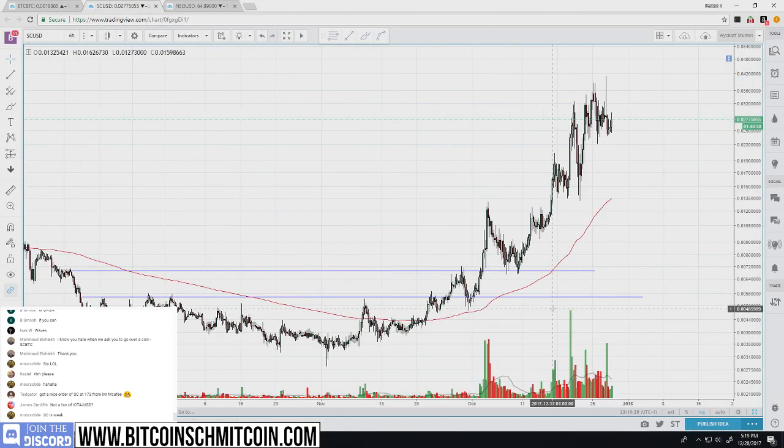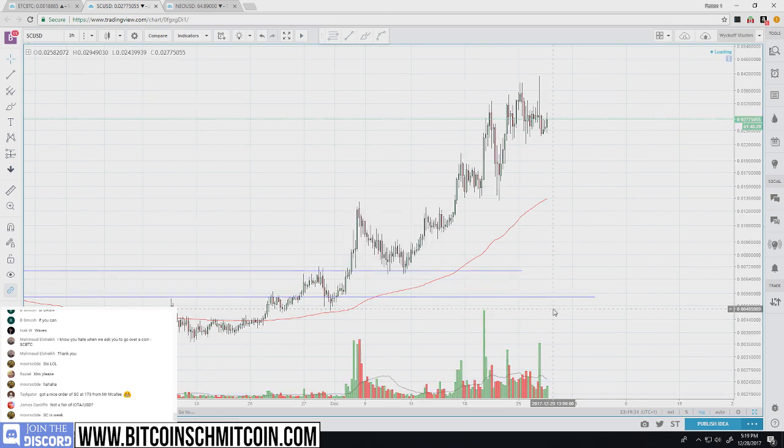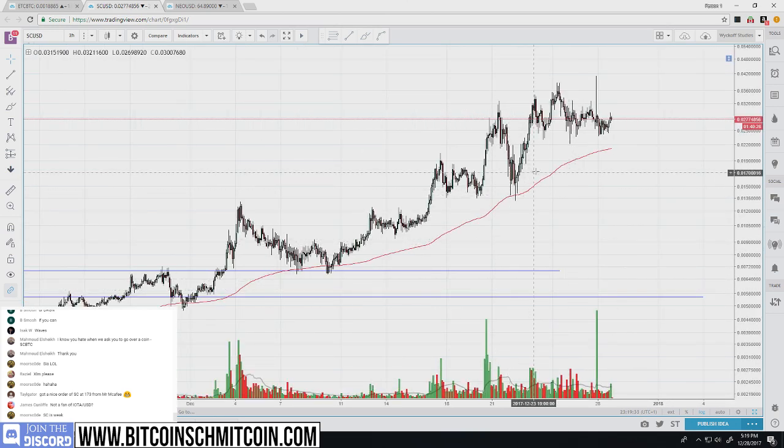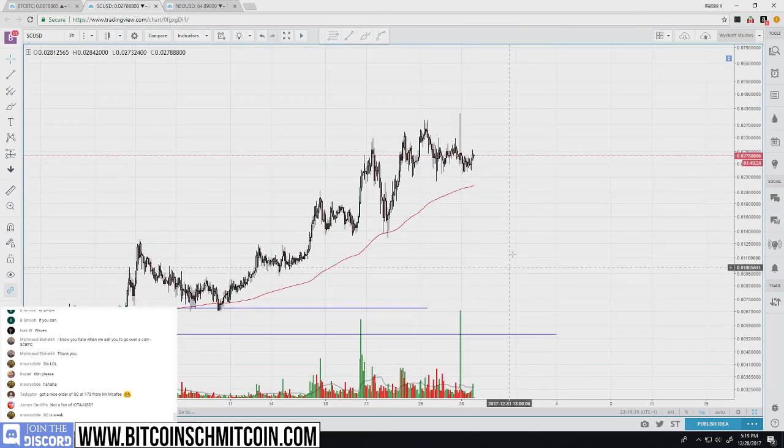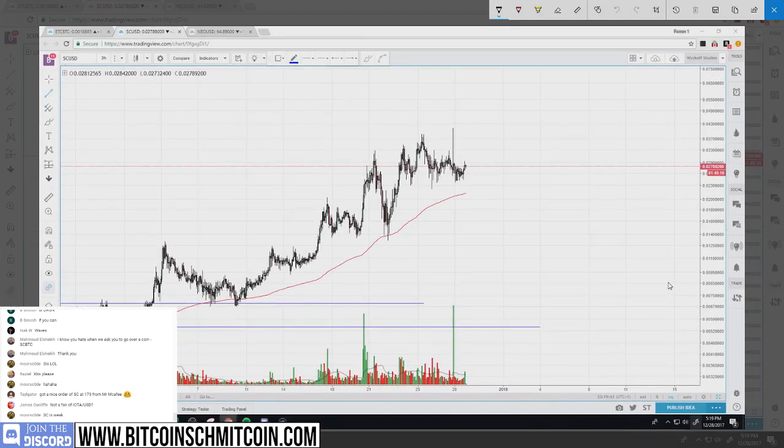Let's take a look. Why, yes, it is. It is making a bull pennant right here. Making a little pennant right here. What is the length of this pole? This thing?